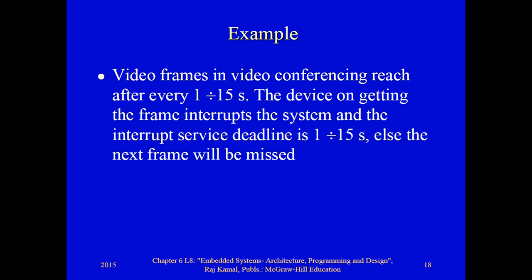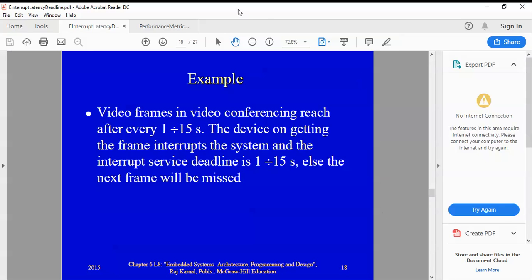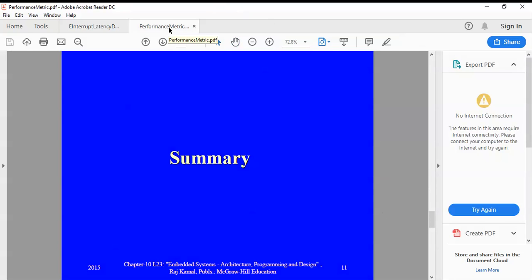Else the next frame will be missed. So the devices should be kept in synchronization, else the next coming frame will be lost. So this is interrupt latency, and next we have to check the performance metrics.